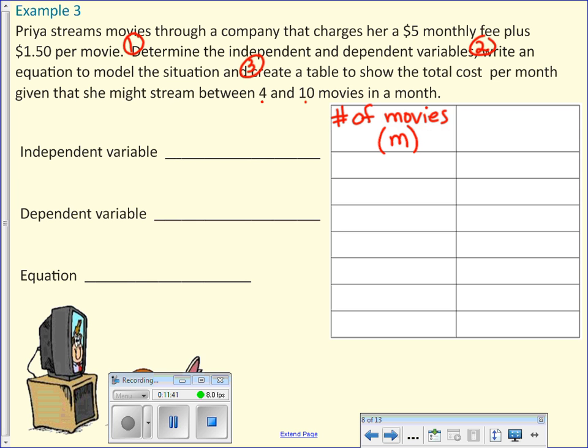But what do I need to determine here? What am I trying to find? I'm trying to find the total cost. In dollars, there's my unit.